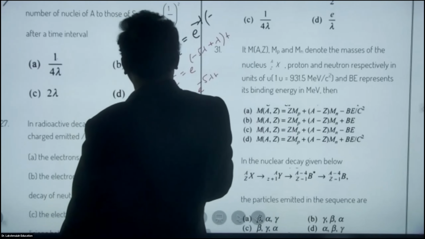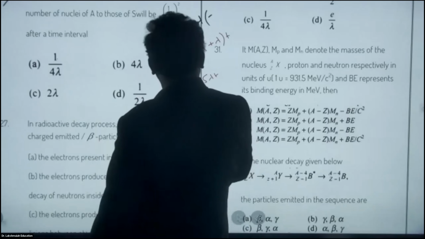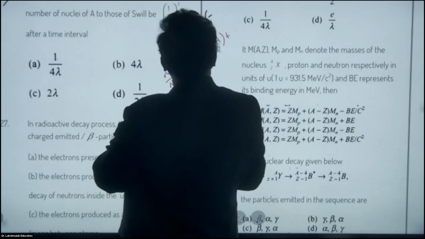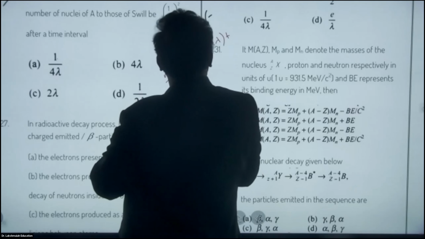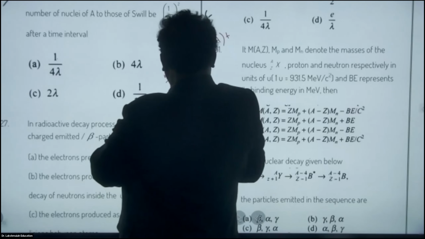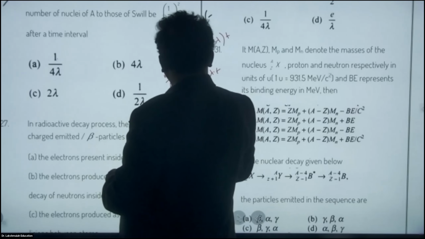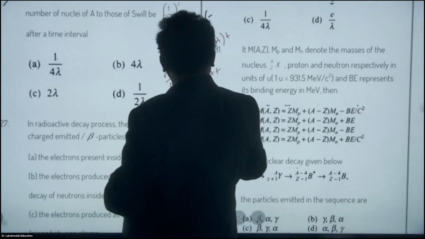Sir, e to the power minus 4 lambda. That is equal to e power minus 4 lambda into t. So N1 by N2 is equal to 1 by e power 4 lambda into t.